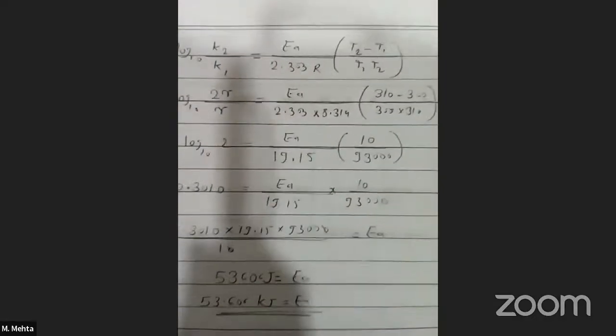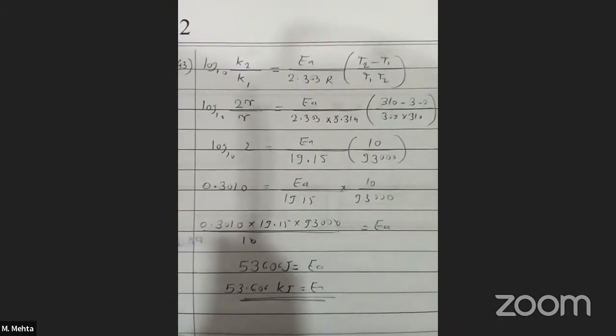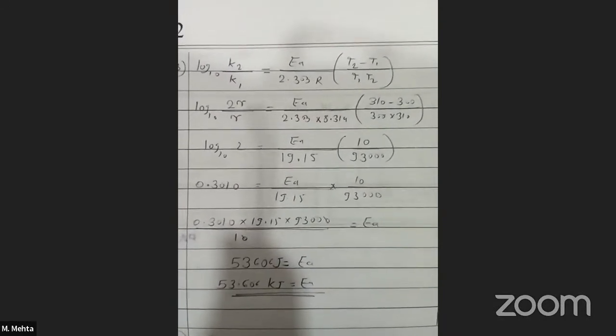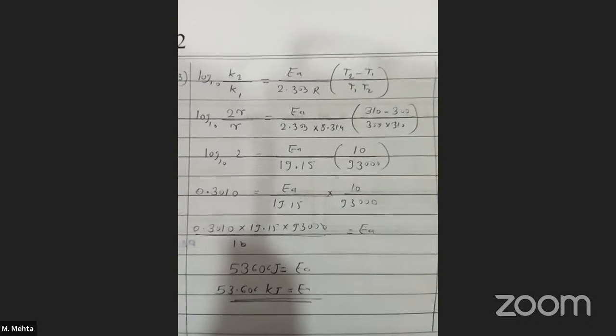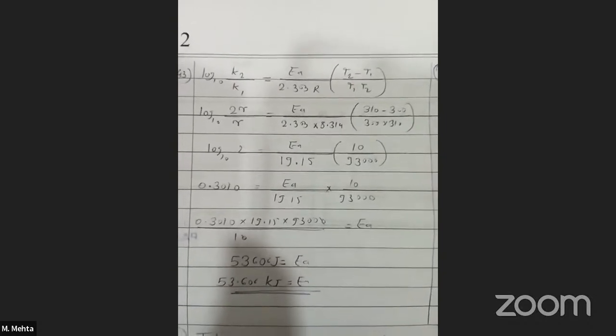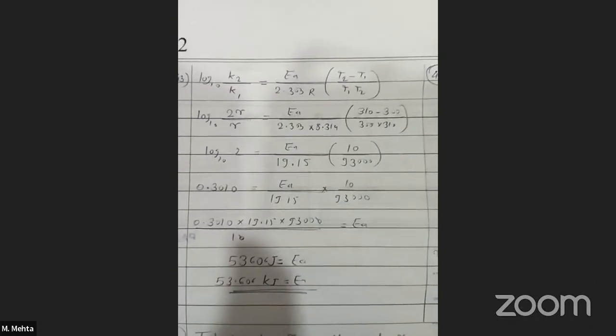So ultimately your formula is log of K2 by K1 is equal to Ea upon 2.303 R into bracket T2 minus T1 upon T1 into T2.